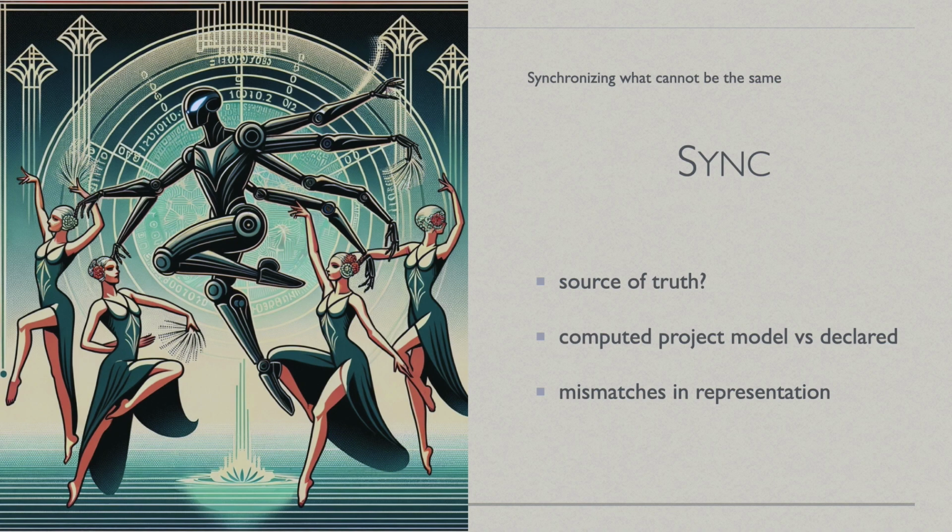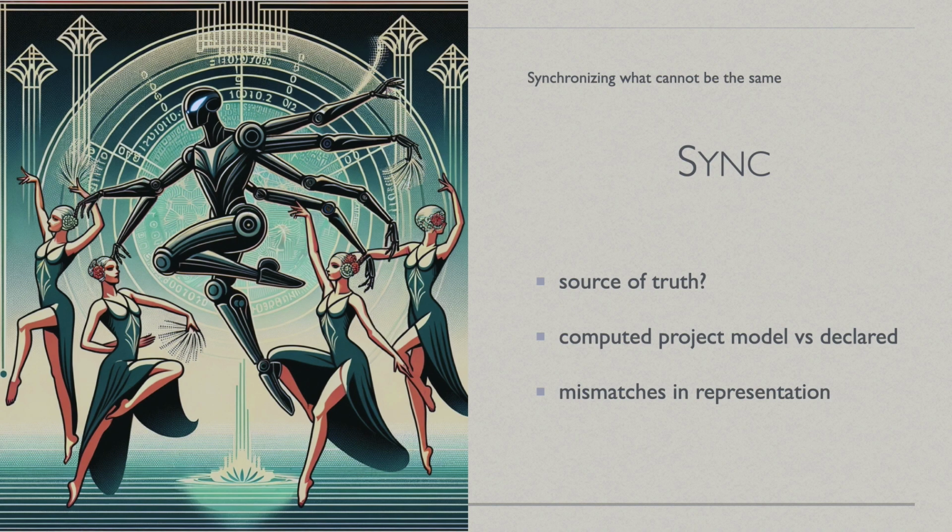And usually these days we want to use the build tool as a source of truth. So yeah, ideally we want them to be the same. They cannot always be the same because they're built against different constraints. Also, parts of them in the build tool are often computed.